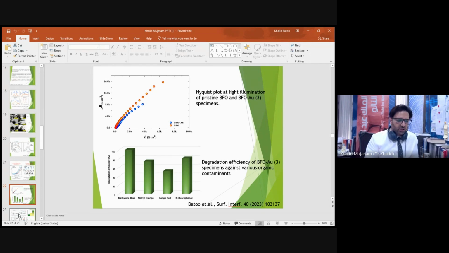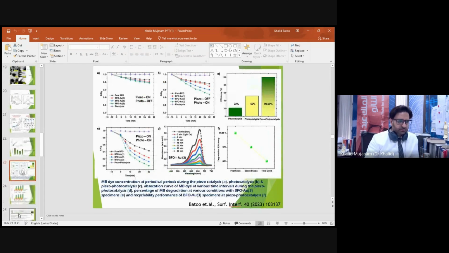We tried with different types of dyes: methylene blue, methyl orange, Congo red, and chlorophenol. These were the four different kinds of dyes, and we found that almost 98% removal of methylene blue was possible using this material.